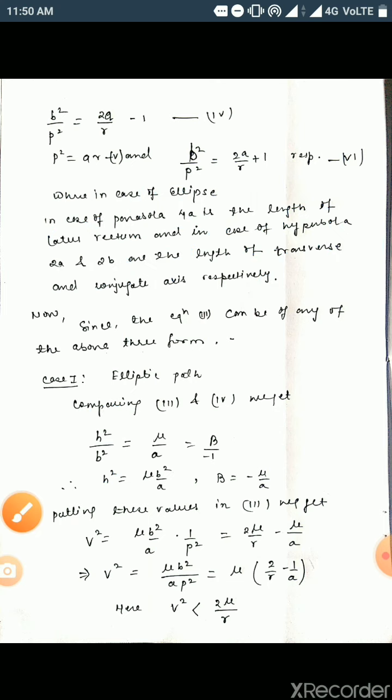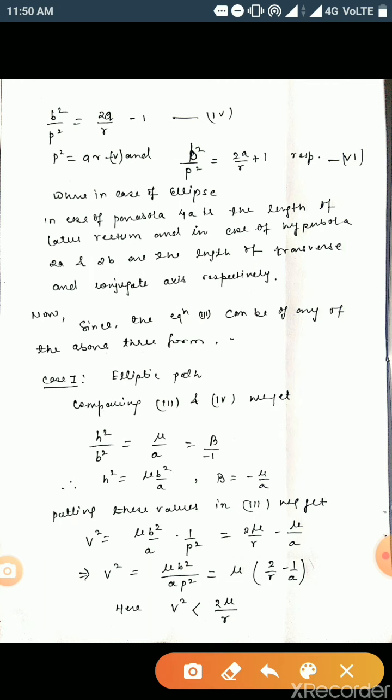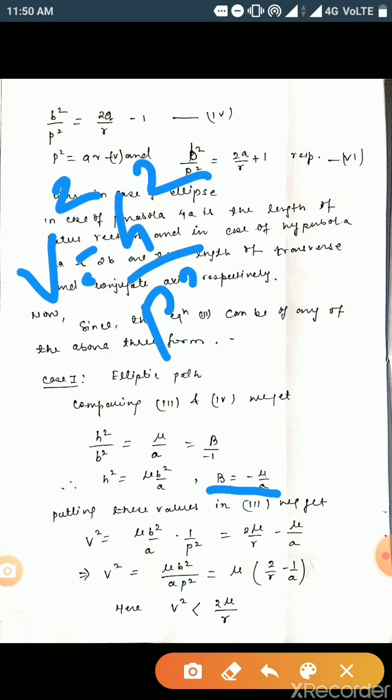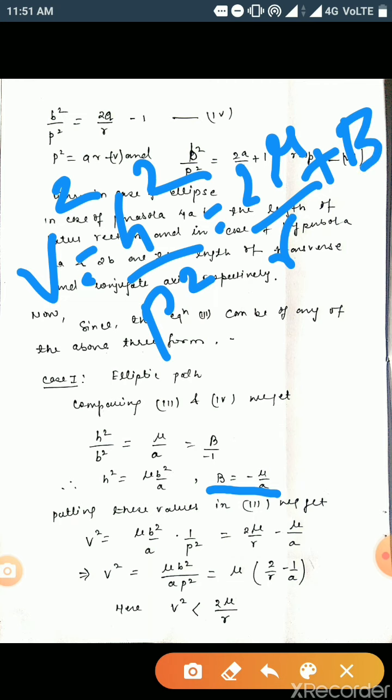Now solving this, we have h square equals mu b square by a, and we get b equals minus mu by a. Putting this value again in equation 3, v square equals h square by p square equals 2 mu by r plus b, we have v square equals mu b square by a into 1 by p square equals 2 mu by r minus mu by a.